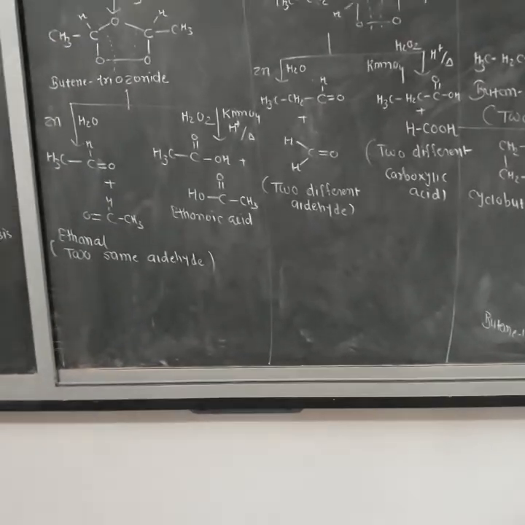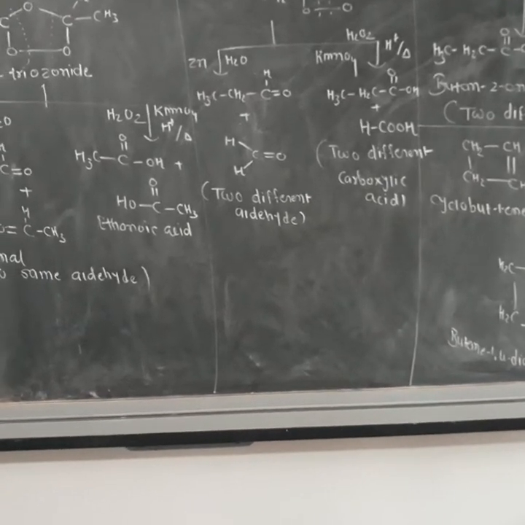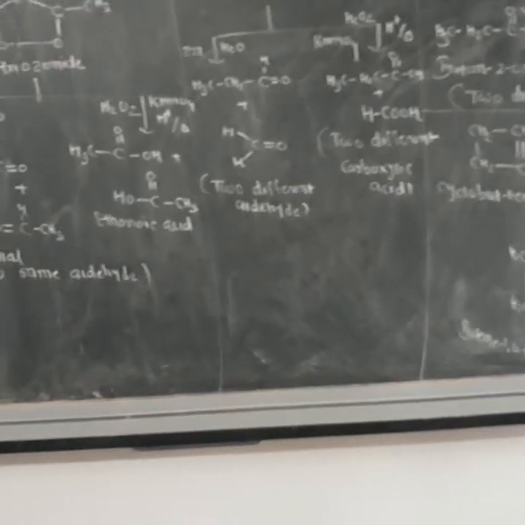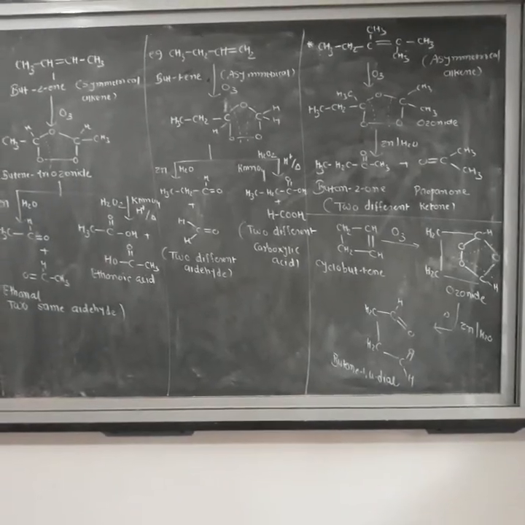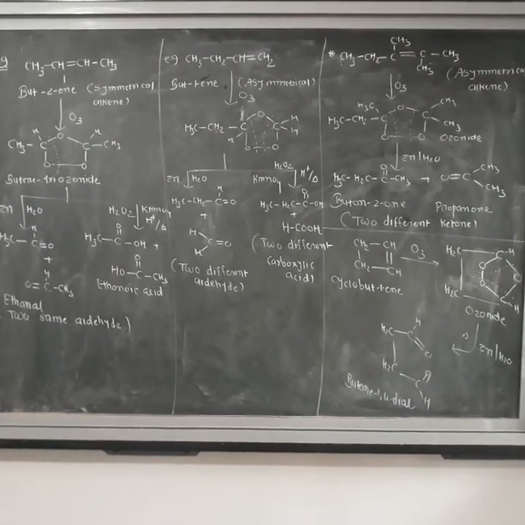Now, if the product is not an aldehyde or ketone, or it is a dialdehyde or diketone, then an alkyne group must be present in that compound. We will study in detail about this functional group in the next lecture.